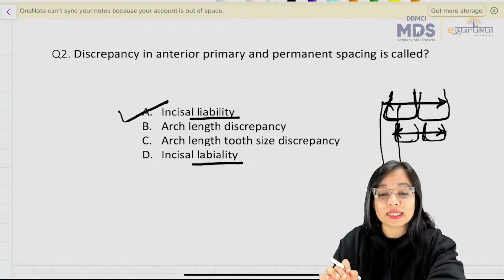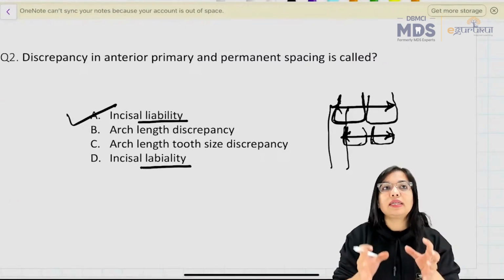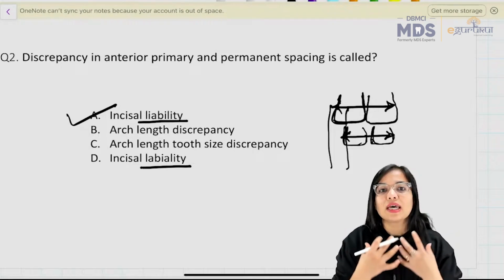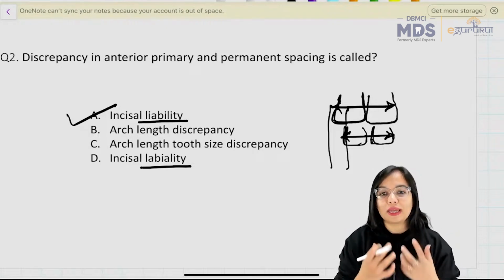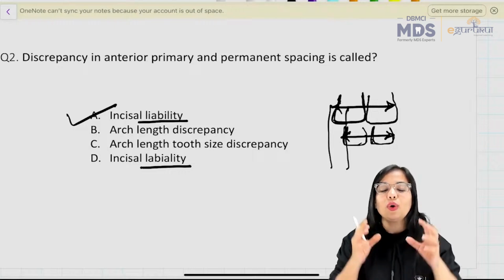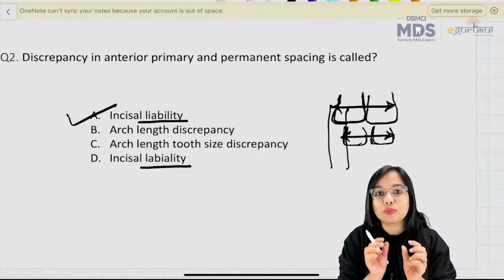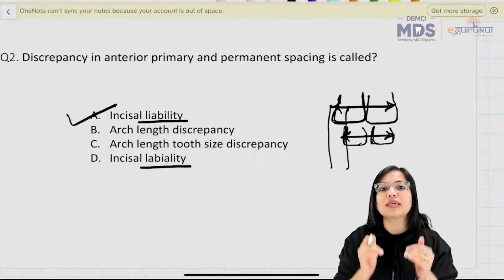Now, what is incisal liability? Incisal liability means the amount of space that you need to have, or what is liability? It is the liability over the arch length to accommodate the permanent incisors. The primary incisors are so small, and in place of those primary incisors, the permanent incisors have to erupt.